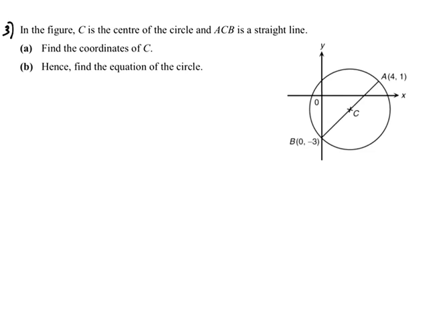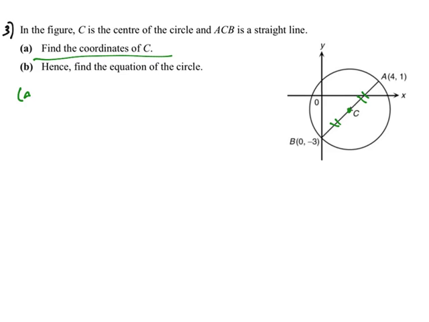Next, try to use a few minutes to do this question. Okay, let's check it. For A, we need to find the coordinate of C. You can see C is the center, and it is a midpoint.